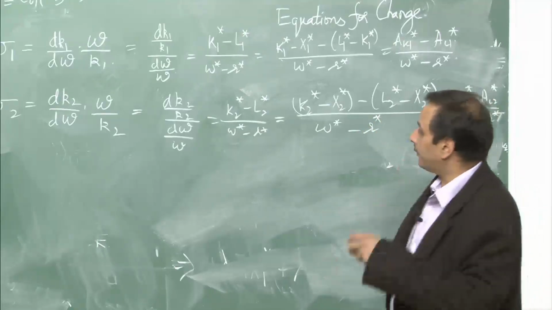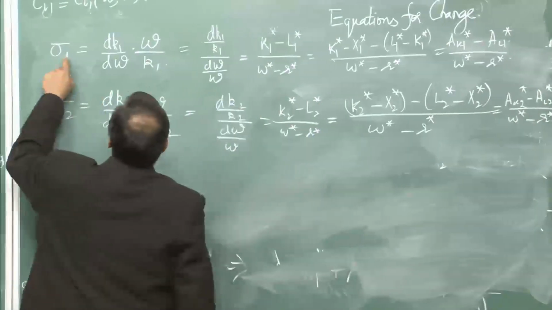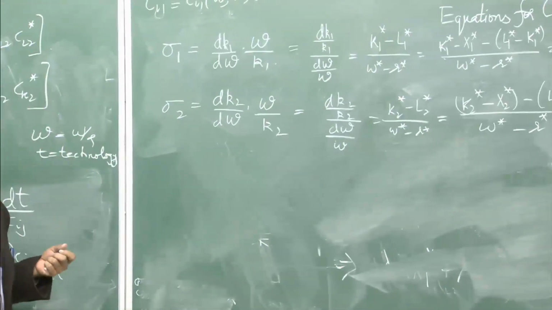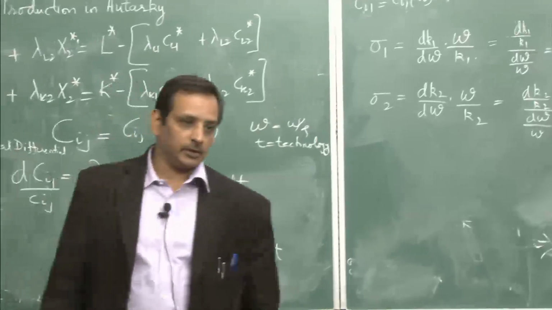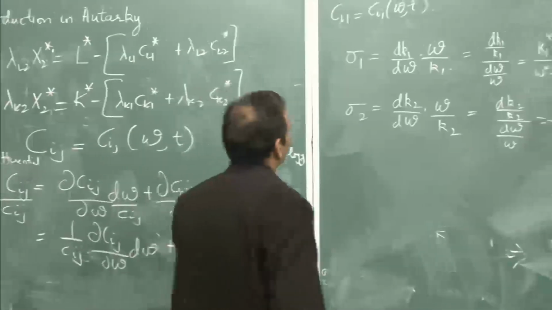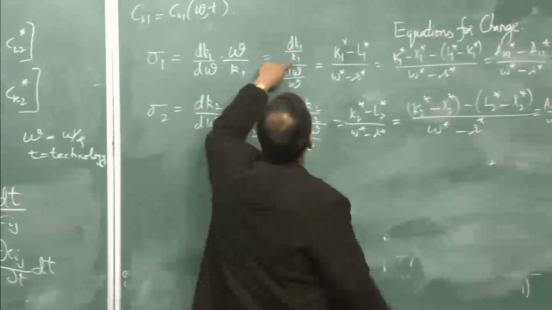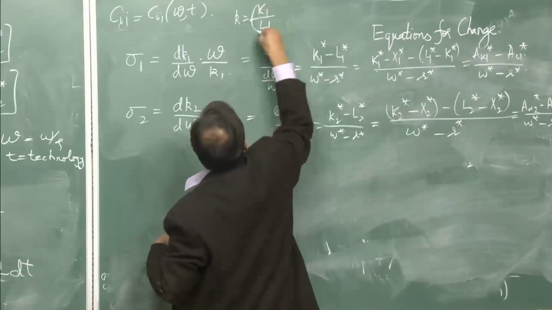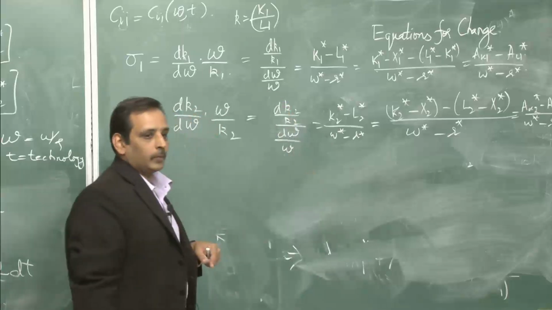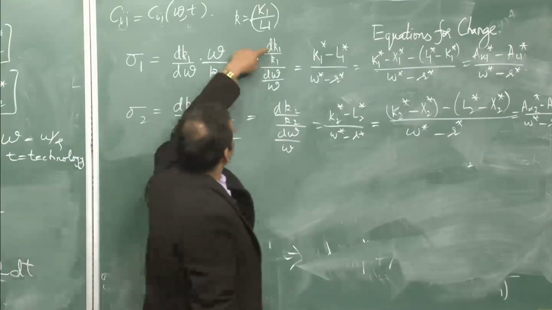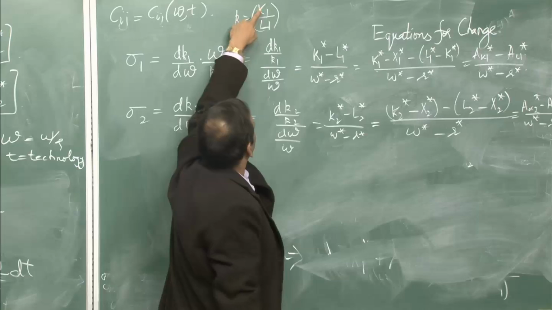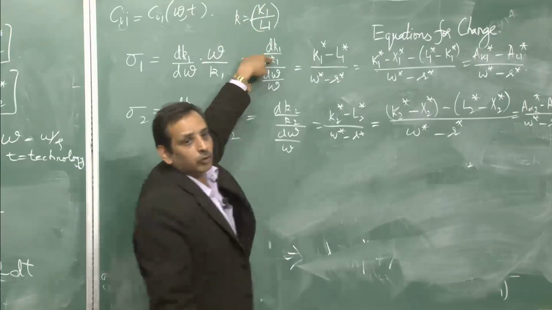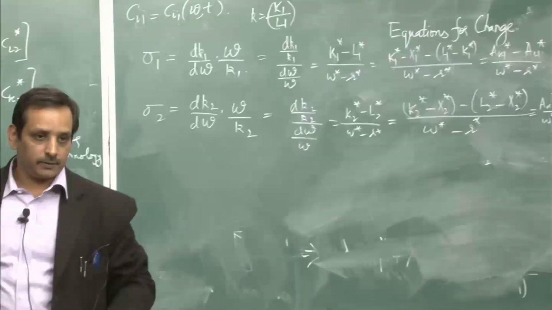You need to understand this elasticity of substitution, which says what is the change in the capital labor ratio as the relative wage rate changes. Now, you can write this as dk1 by k1, where small k1 is big K1 divided by L1. Now, you do d of K1 by L1 divided by k1 and use the quotient rule of derivative.